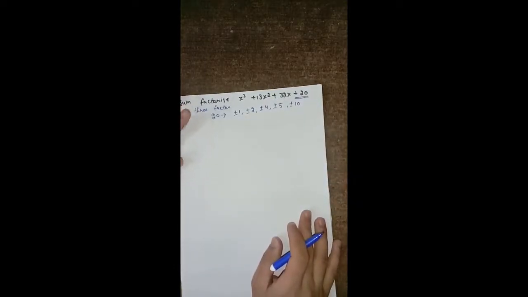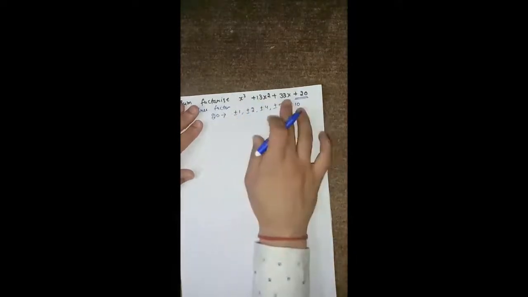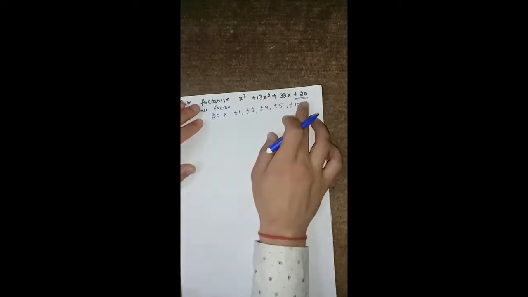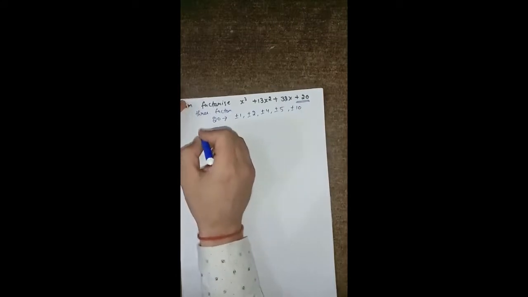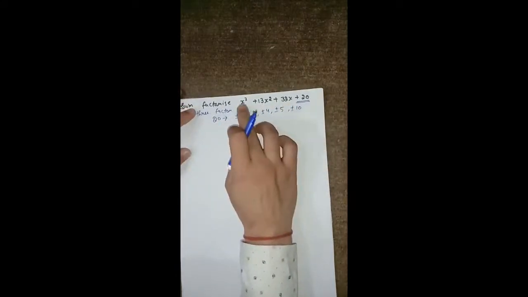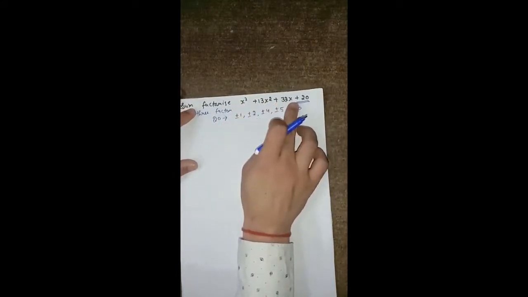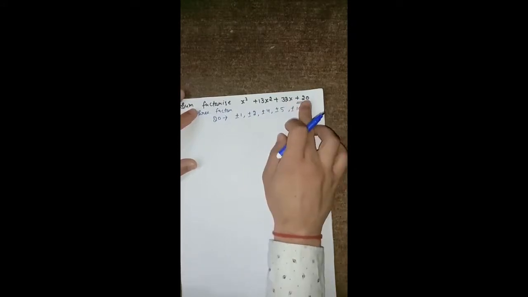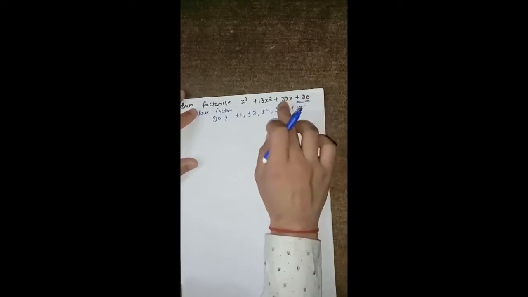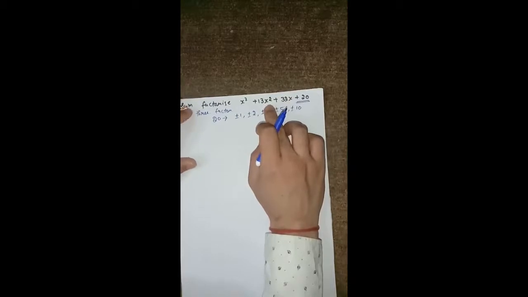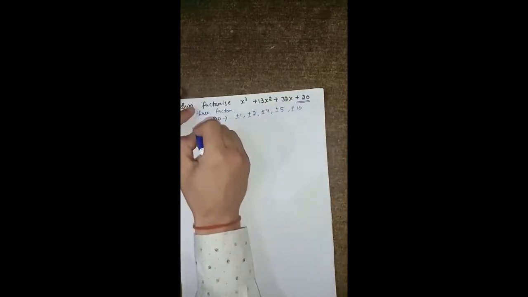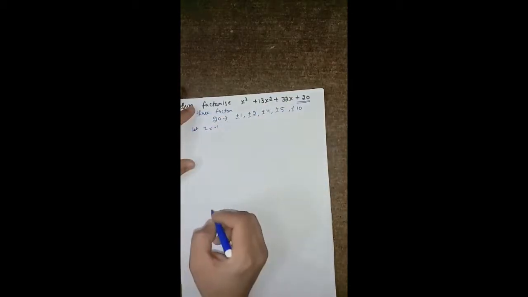By hit and trial we will find the first factor which gives the value of this equal to 0. Now if we notice that all the numbers are positive, and to make this 0, we require a negative number. So let's assume x equals minus 1.